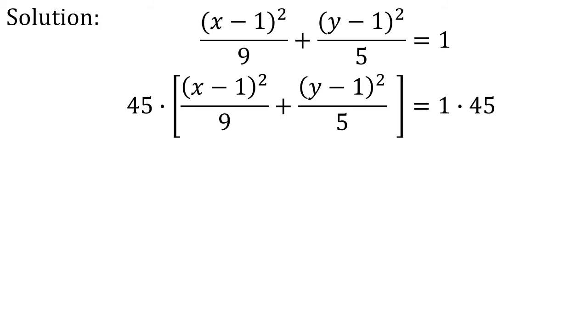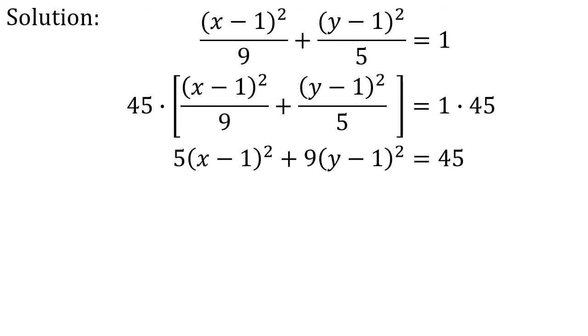So 45 divided by 9 is 5 times (x - 1)², and since 45 divided by 5 is 9, it will become plus 9 times (y - 1)² equals 45, because 1 times 45 is 45. So now we have 5(x - 1)² plus 9(y - 1)² equals 45.